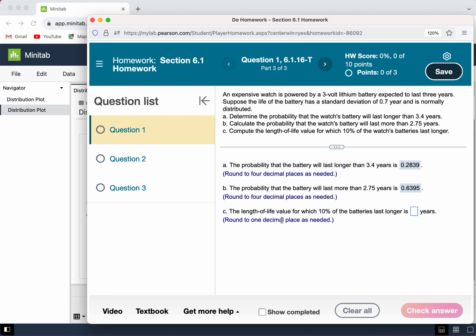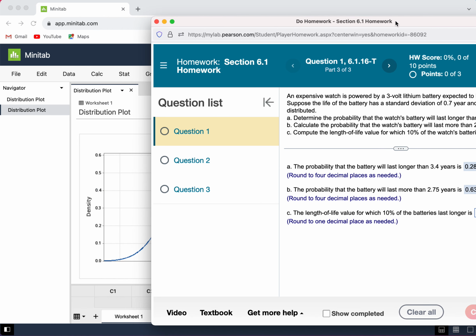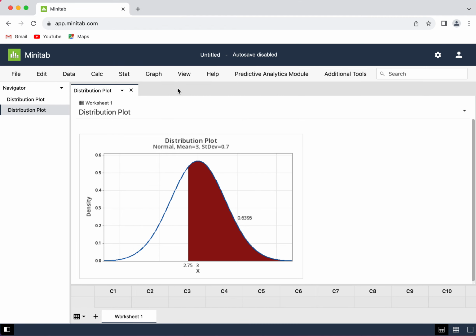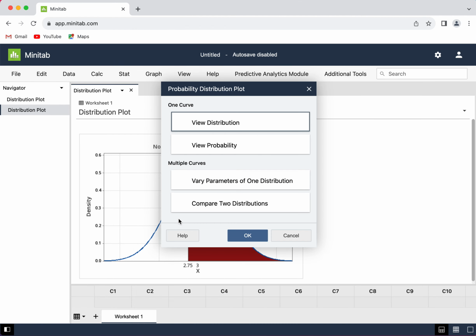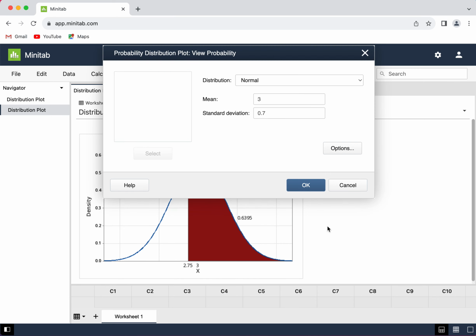Now for the last question, it's a little bit different. The length of life value for which 10% of the batteries last longer is blank years. So now instead of giving me an x value in years, they're giving me a percentage or a proportion. And so what that means is that when I go to my menu here, mean and standard deviation have not changed.